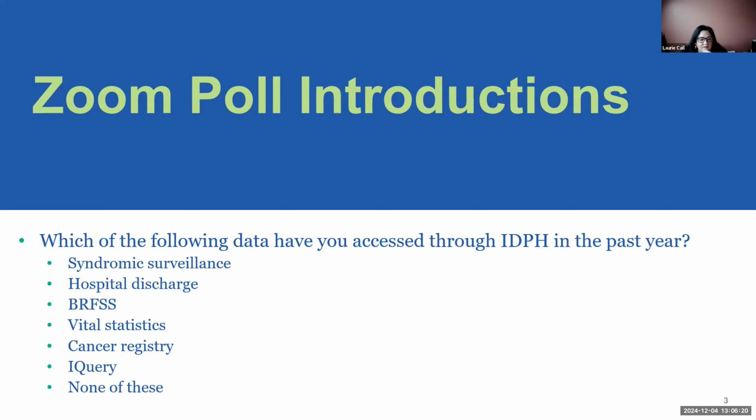Syndromic surveillance, okay. Cancer registry. So at least some people have checked into everything, and then there's 16% that haven't had a chance to access anything. So hopefully those numbers will increase after today's training. So thank you very much for that.